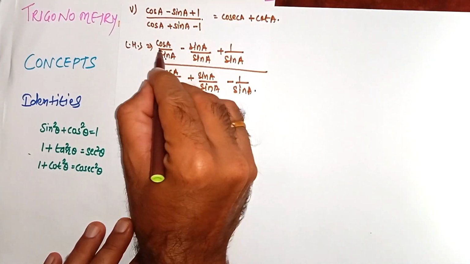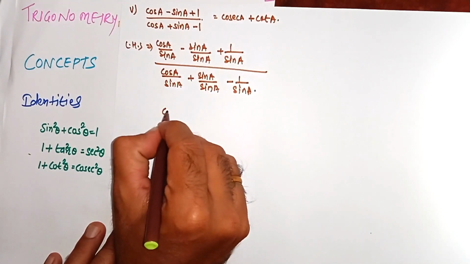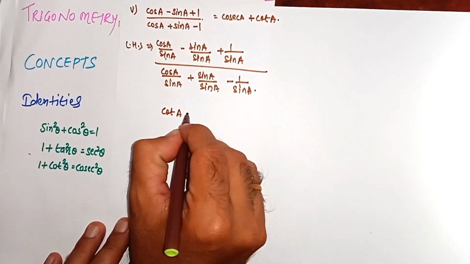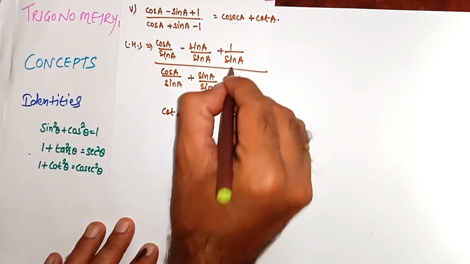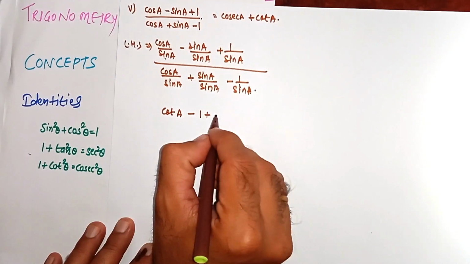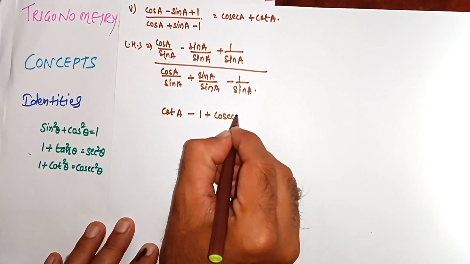We know that cos over sin is cot. So cot A. What is sin over sin? It will become 1. And what is 1 over sin A? As I informed you before, it will become cosec A.